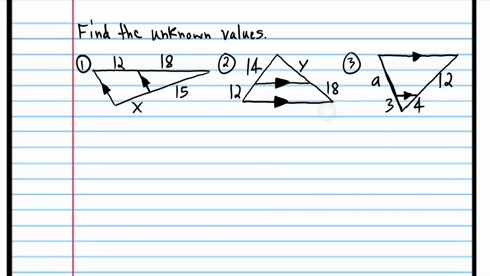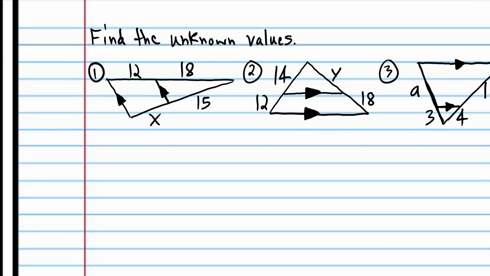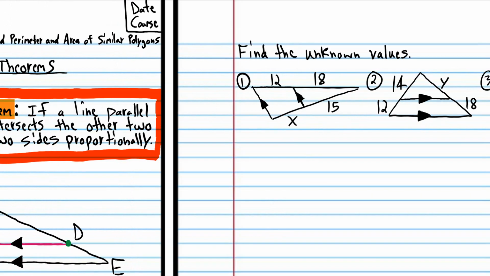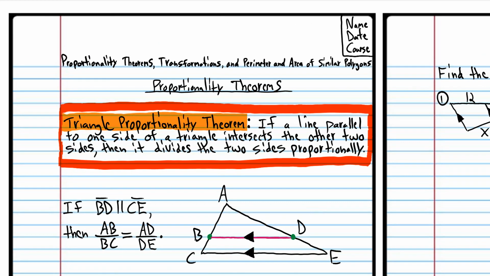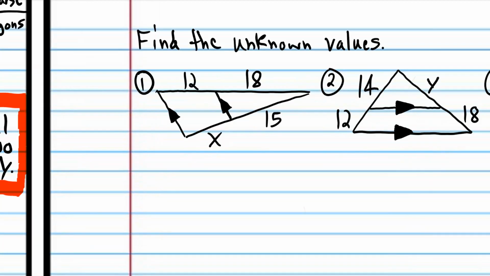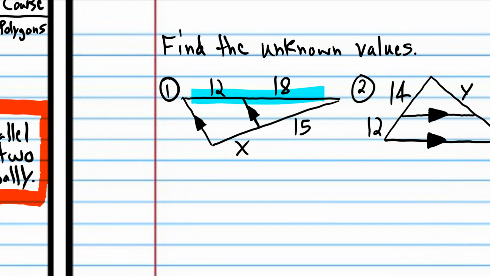So we're going to find the unknown values. Now, we know that these lines here are parallel. How do we know that? Well, you see those arrows? That means they're parallel. So by this first theorem, if they are parallel, then that middle line cuts these two sides so that the resulting segments are proportional.